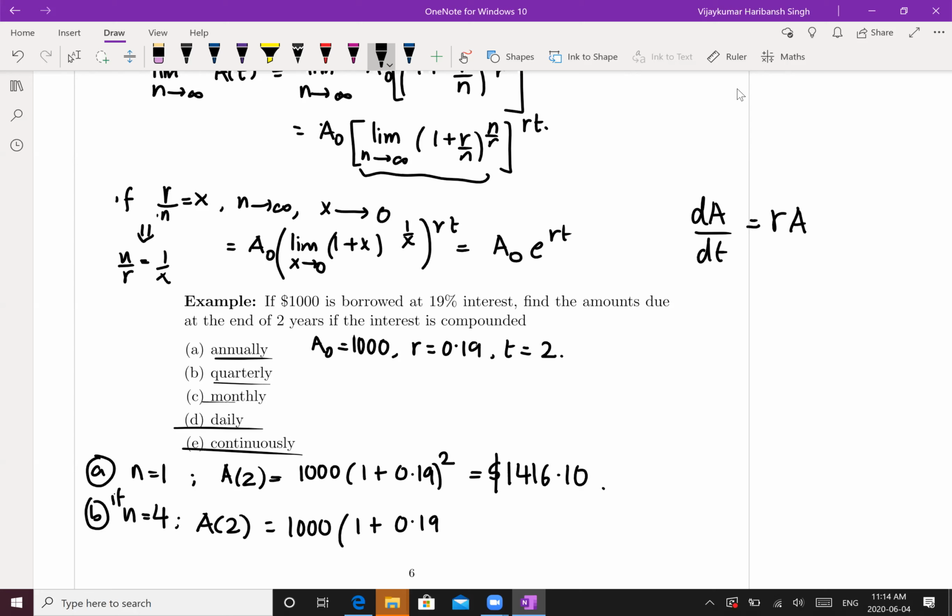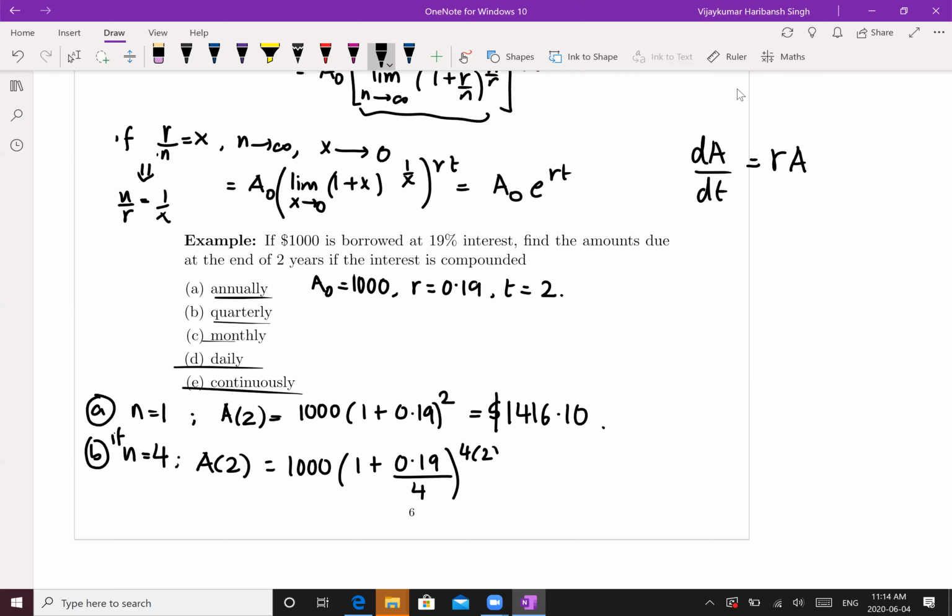When you simplify this, you have about $1449.55. So you see, same interest rate, but it depends on how many times you're compounding. If you're compounding at least 4 times, then you get more money than 1 time.